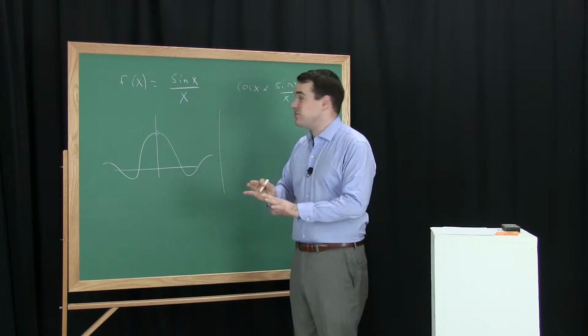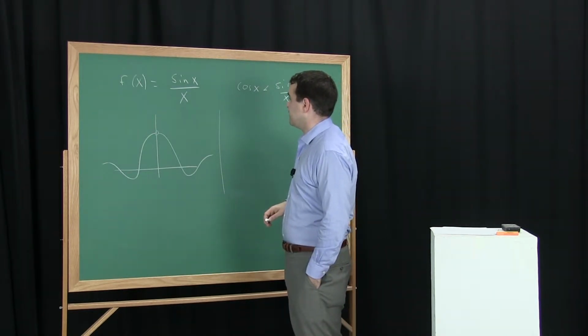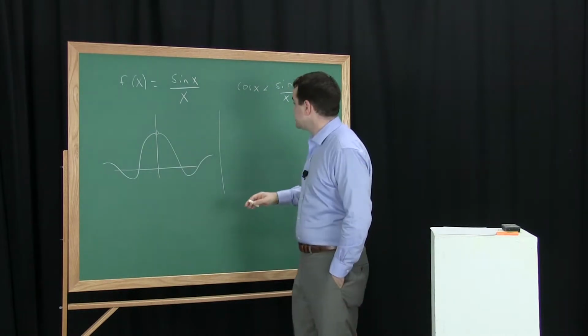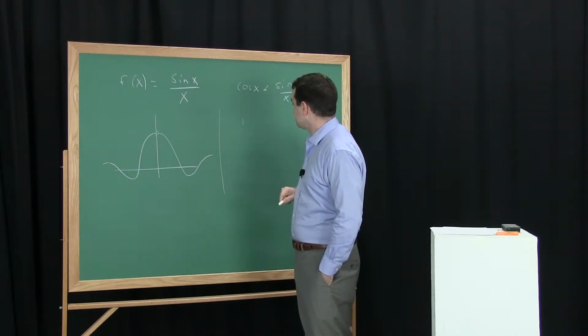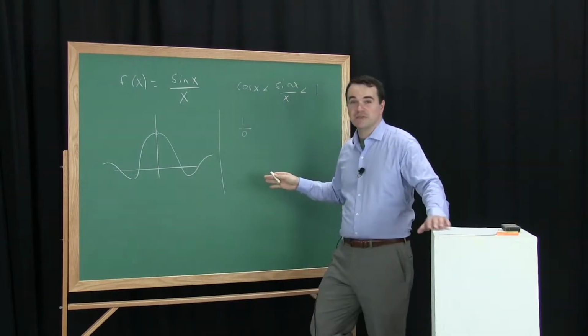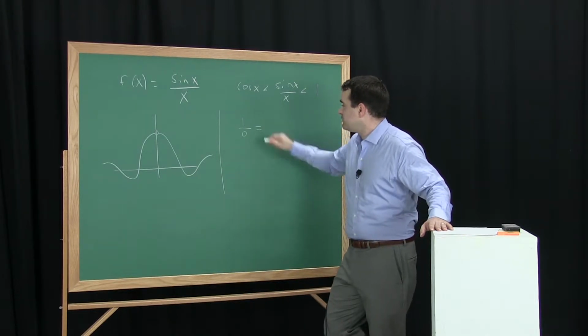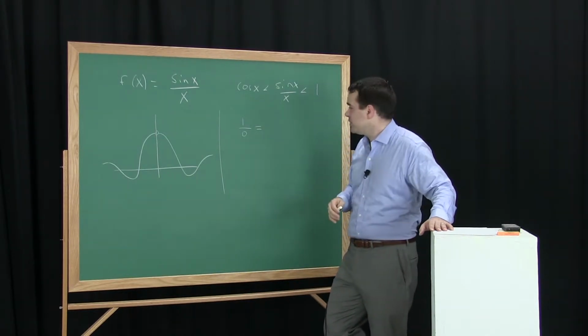So have you ever seen this? I'll show you why we can't divide something by 0. Take the number 1 and divide it by 0. What if it were possible that this had an answer? Well, it'd be equal to something, I don't know.